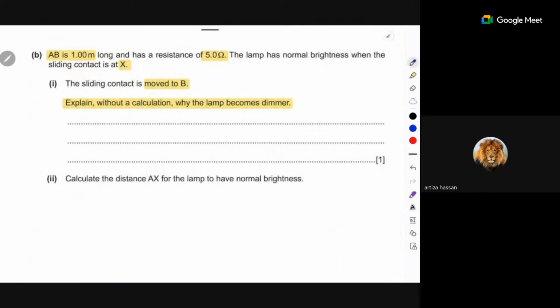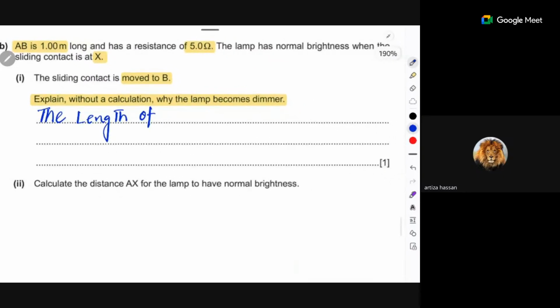Although it is a 1 mark answer, it needs a more logical explanation. So what should I write? The length of the wire in the circuit is increased, so you will add the points properly. So the resistance of the circuit increases.